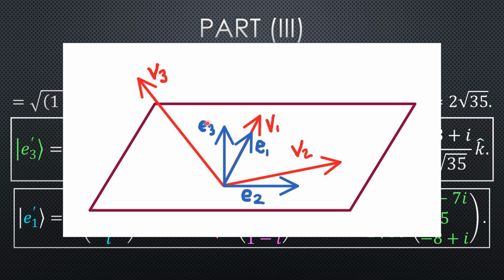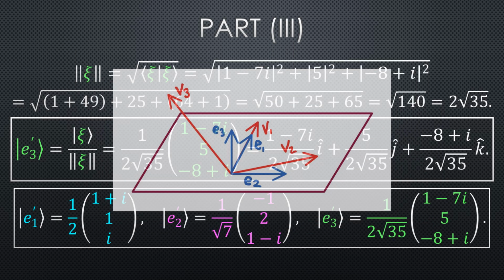And then we see E3, because V3 is the only one coming out of the plane, now points directly up with the normalization, and it's self-corrected by getting rid of the projections. And especially if it's coming out of the plane, it's definitely orthogonal to E2 and E1. So this is a pretty cool thing to have, especially if you're working in a crunch and a non-traditional vector set. Very, very important.